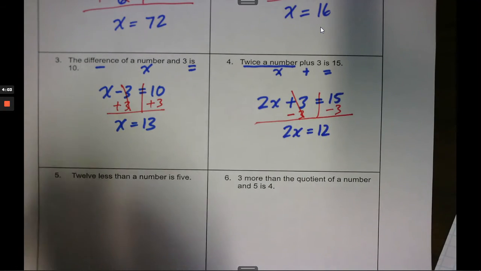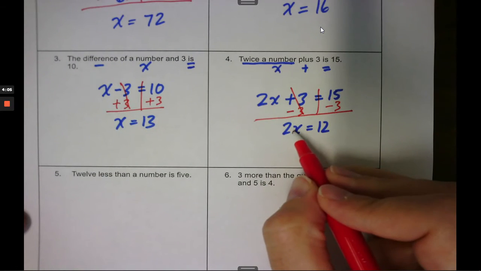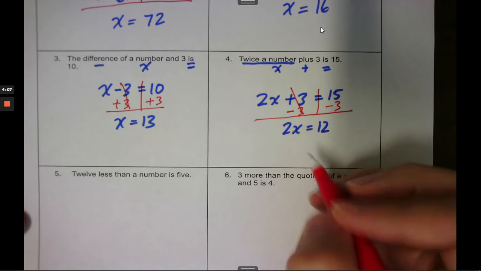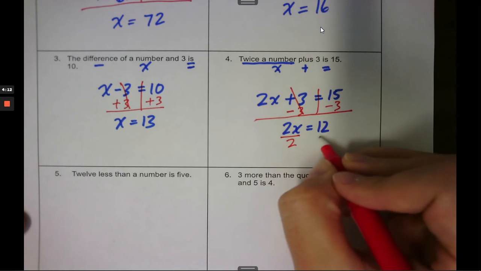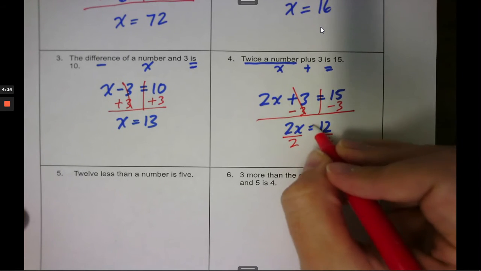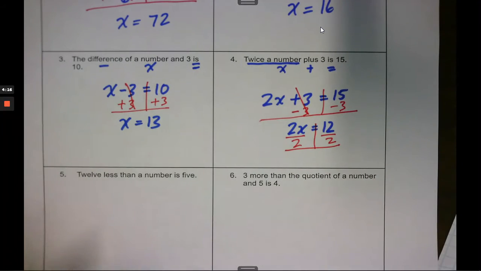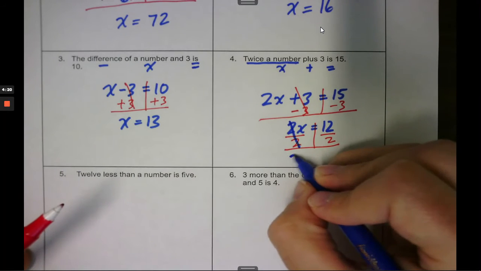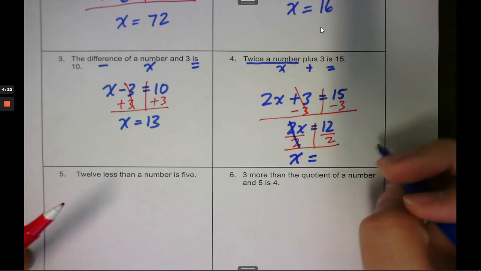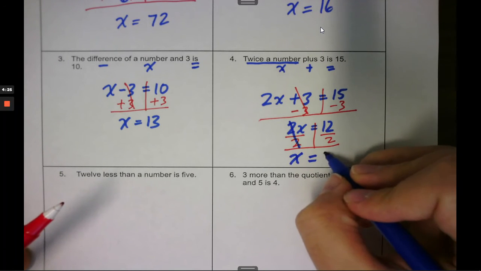Now it's a one-step equation, and I need to undo this multiplication. And to do that, I use the inverse operation of multiplication, which is division. So I divide by 2 on both sides. 2 divided by 2 goes to 1, so I'm left with 1x, or just x. And on the other side, I have 12 divided by 2, which is 6.